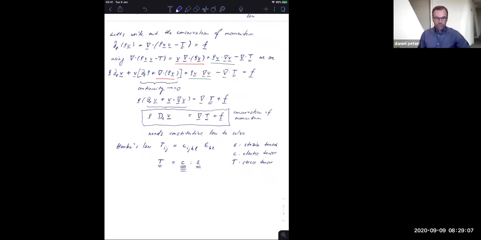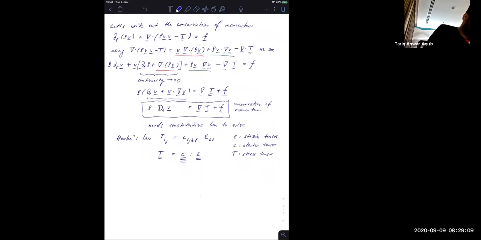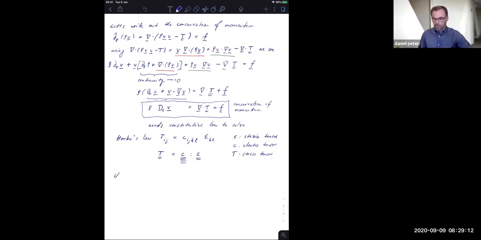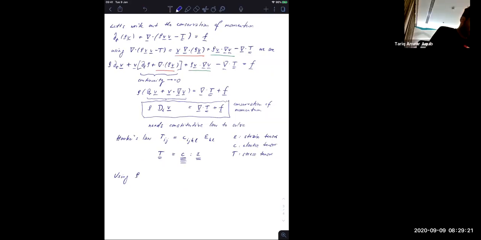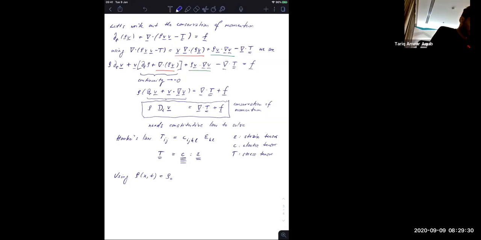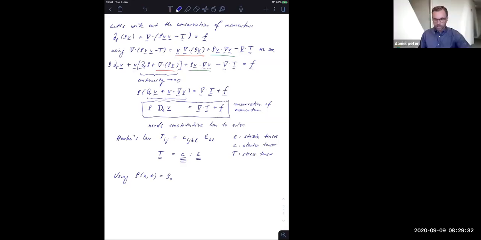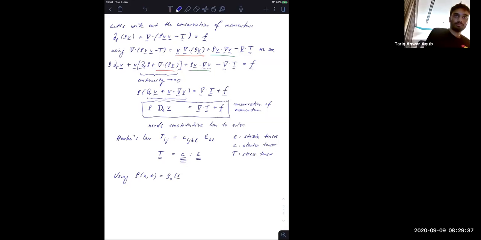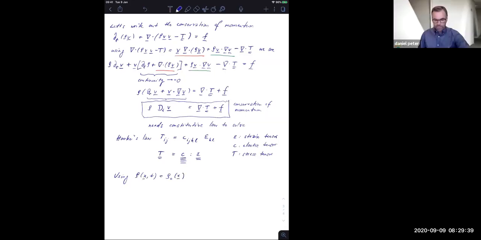But before we do that, we start linearizing the terms. And to linearize, we set out a small perturbation to a reference density. Let's assume we have a reference density, which doesn't change with time, only with position. Position is also a vector.